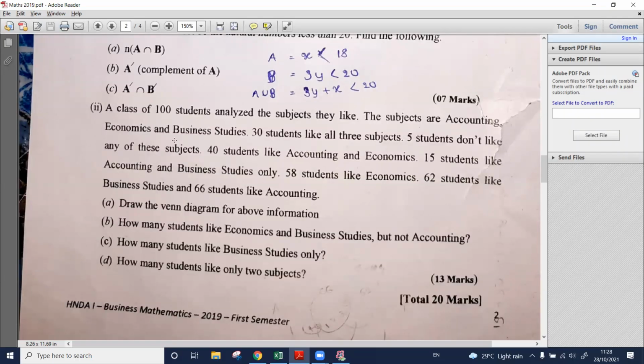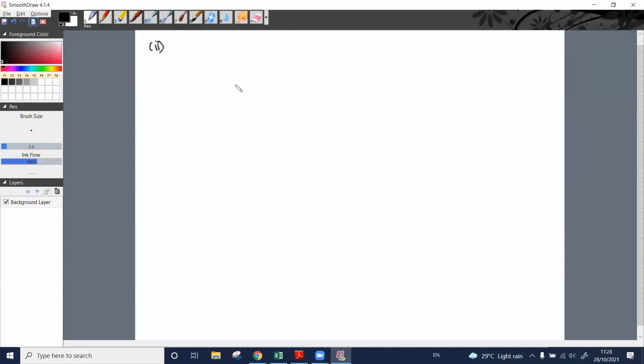The subjects are accounting, economics, and business studies. 30 students like all 3 subjects, and some of this information has been given. Initially, we need to understand that there are 3 subjects: accounting, econ, and business studies. Part A, we need to draw a Venn diagram.